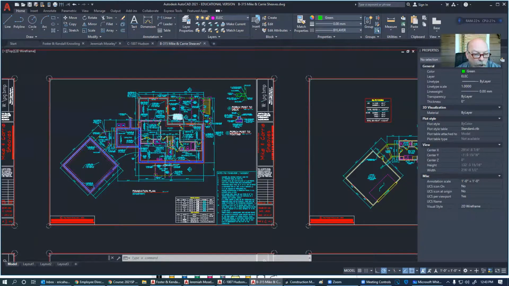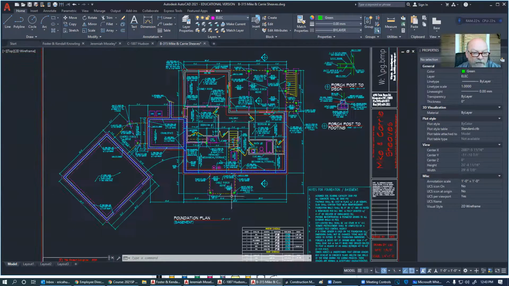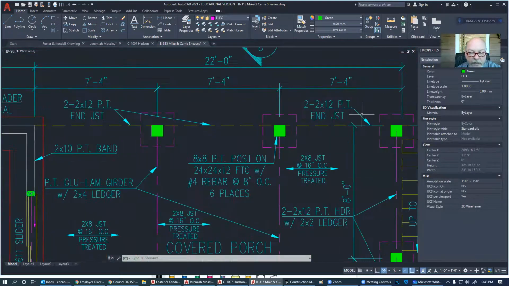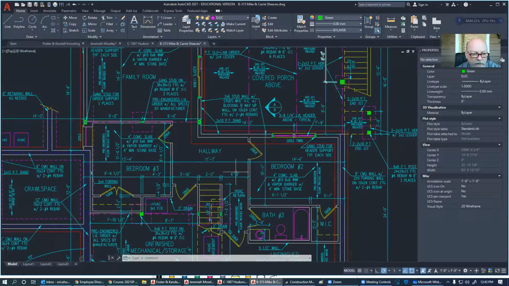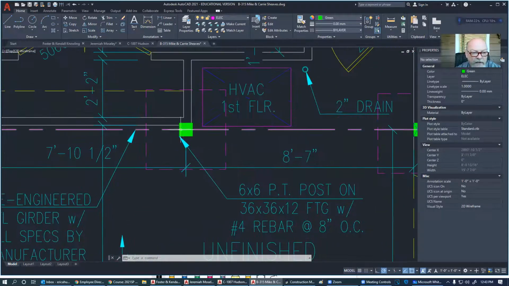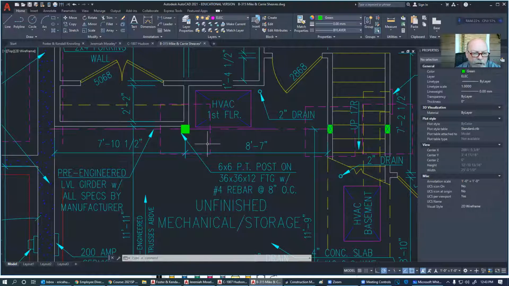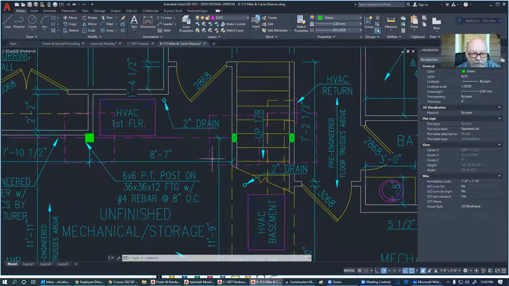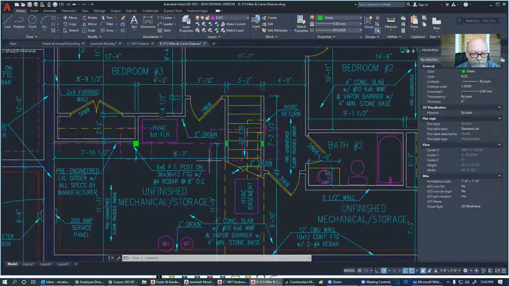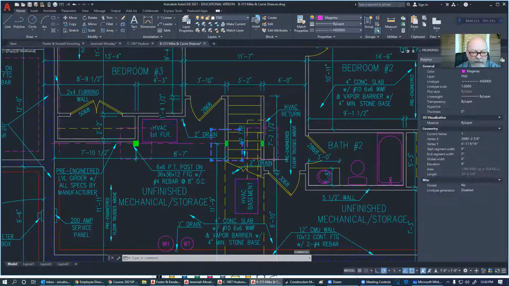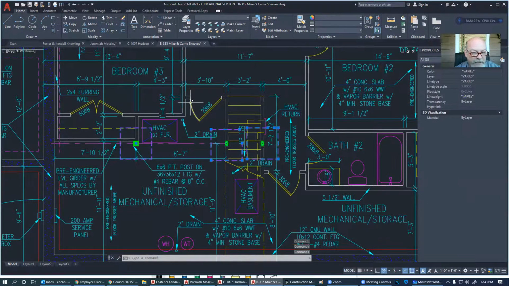Now, each one of these posts is going to have its own independent footing. And even inside where we have posts that are going to come down inside the house that we have to have girders and stuff on, they're also going to have their own independent footing.